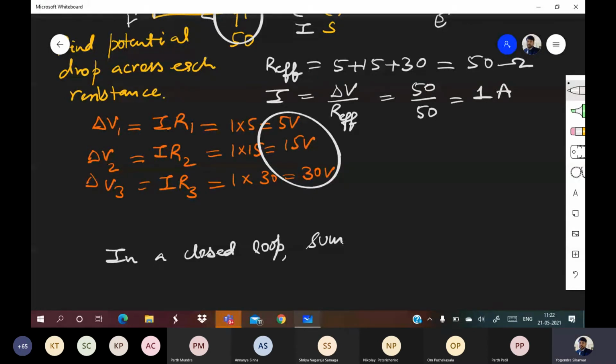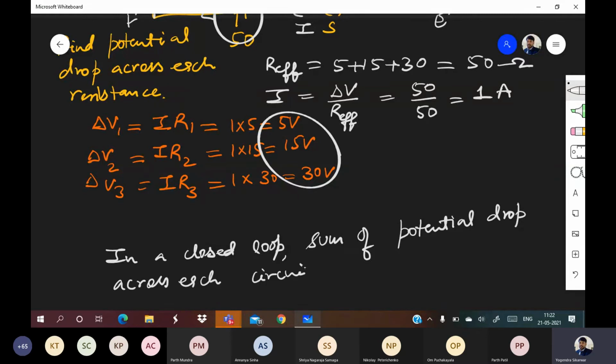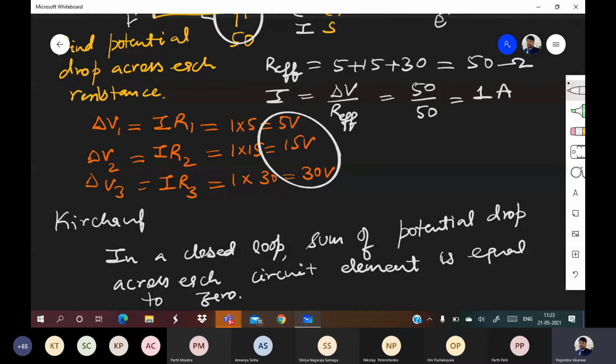In a closed loop, the sum of potential drop across each circuit element is equal to 0. That is your Kirchhoff's voltage law, and that is called KVL.